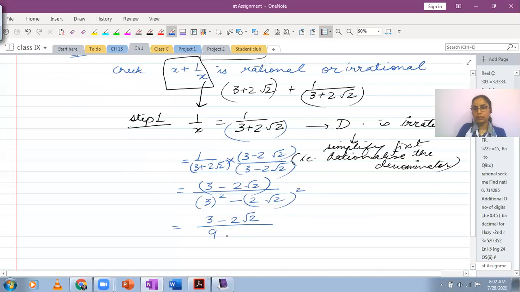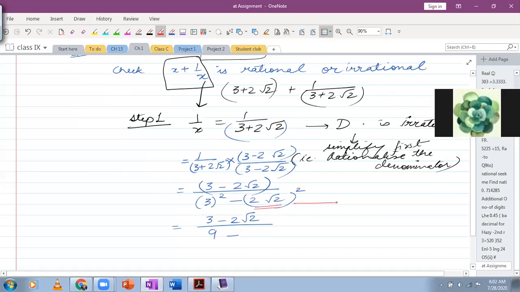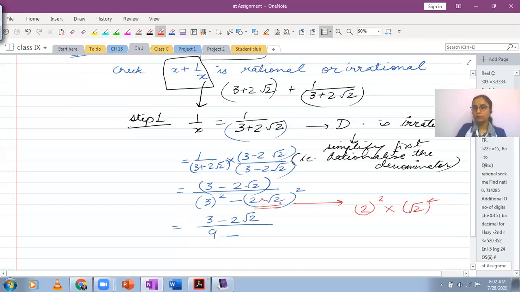This will be 9. Now this part on here, I'm just going to work it out in the working column or in the rough space here. 4 into 2. 2 squared and root 2 squared. So I had 2 multiplied by under root 2, both of which have exponent 2. So what I do is each of these factors will have the same exponent.